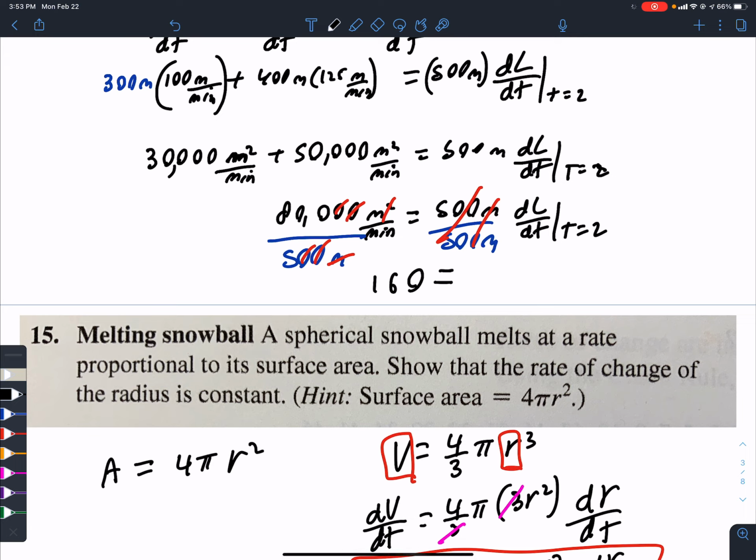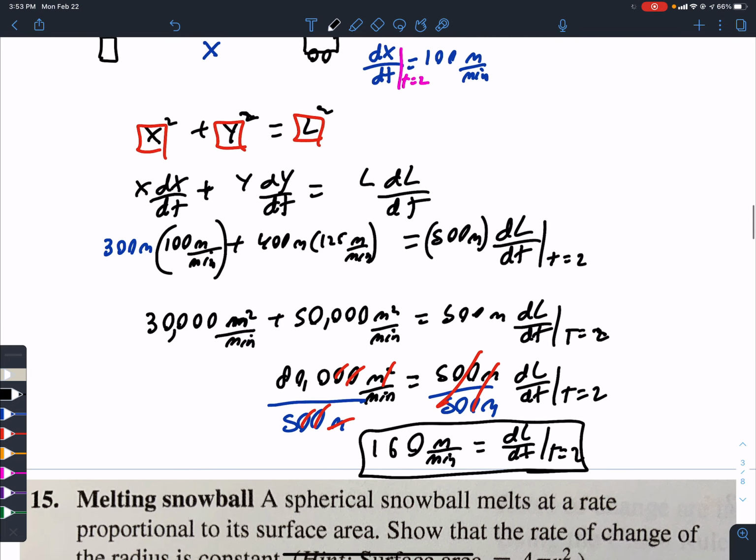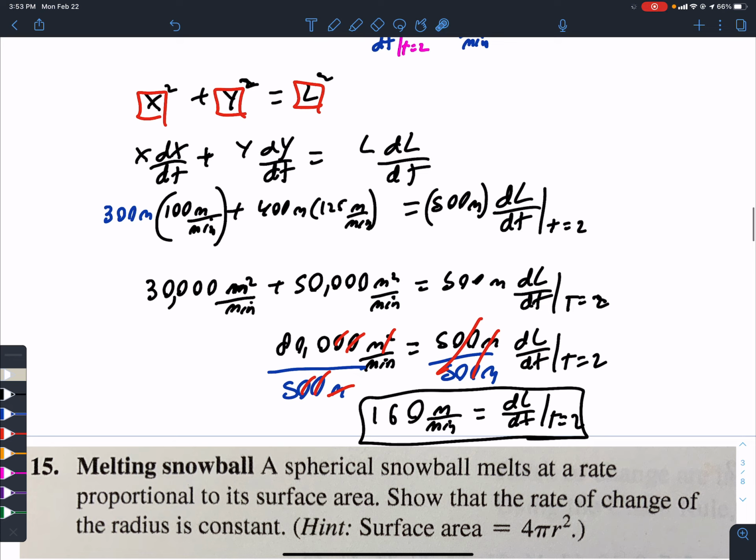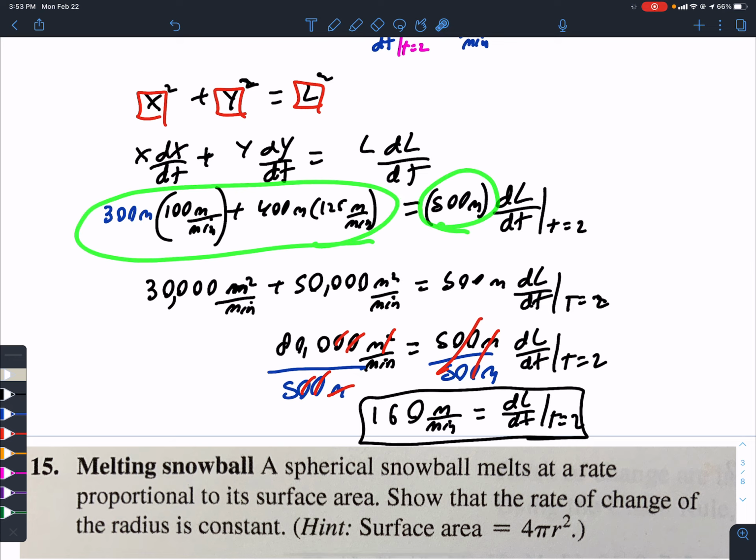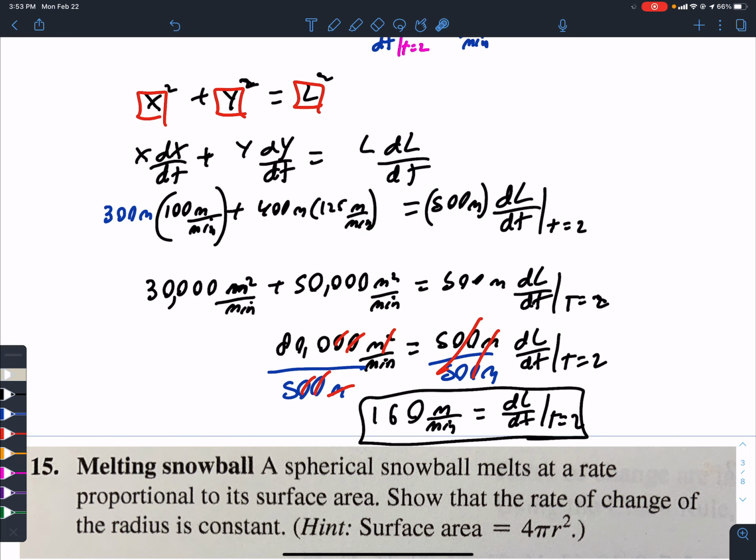I'm getting 160 meters per minute. That is my dL/dt when t equals 2. There's my answer. Now, you could have left your answer as all of this divided by 500. You didn't have to simplify and do all that. It just makes it easier and less chance of making a mistake.